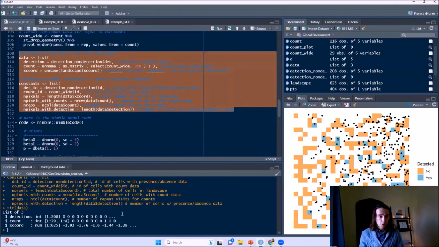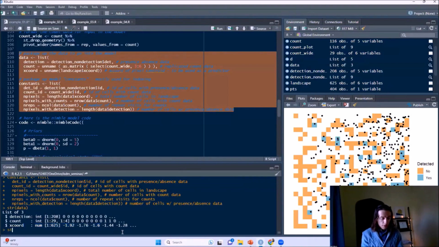It's just a vector of 1s and 0s. We have our count data, which is a matrix. So we've got 29 sites where we have count data and those 4 repeated visits. And then we have this x-coord object, which is just the x-coordinate of each quadrat's centroid, which we're going to use as a predictor variable in our model.